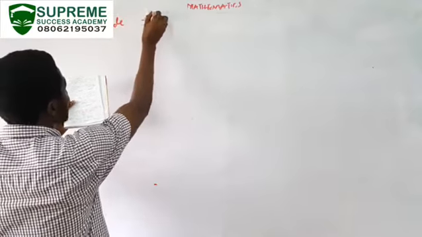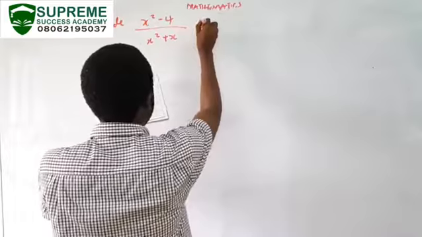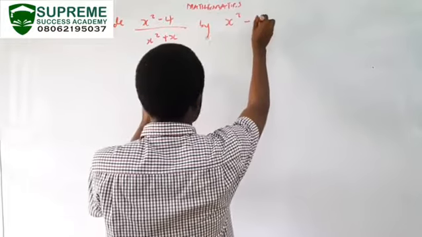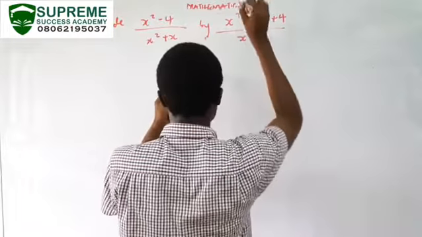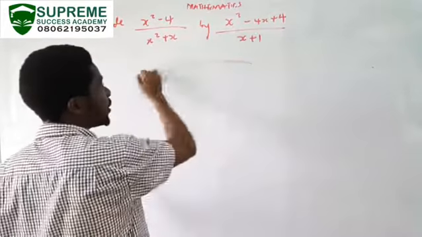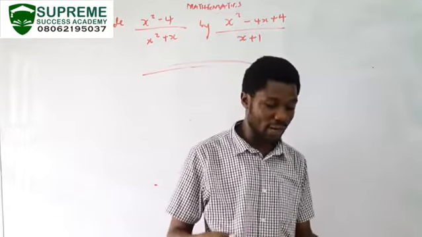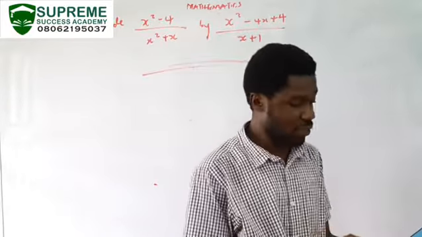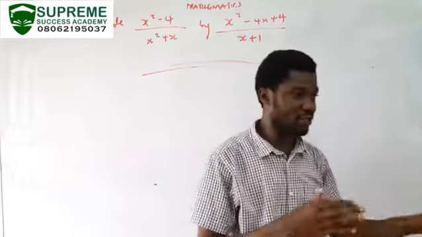Divide (x squared minus 4) over (x squared plus x) by (x squared minus 4x plus 4) over (x plus 1). Can you see? So please, you solve this, and in our next class we might look at it. Maybe we should solve it for you in case you didn't get it, so that you'll at least get the concept of that.